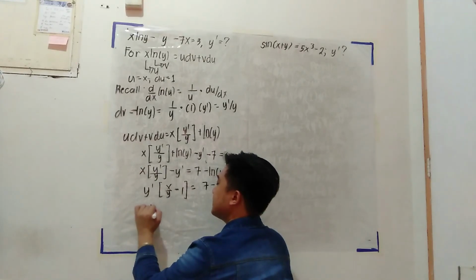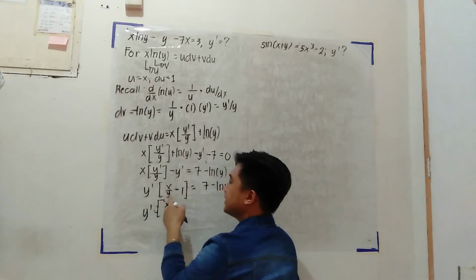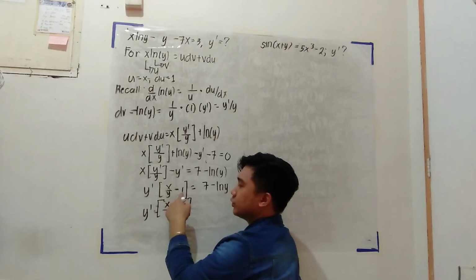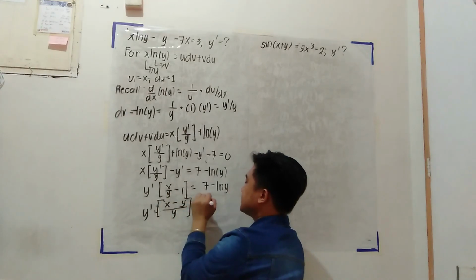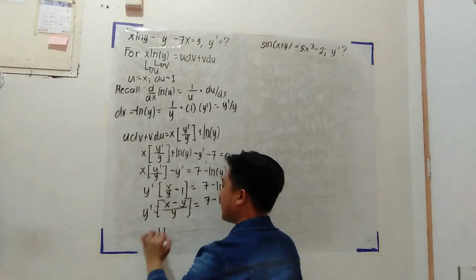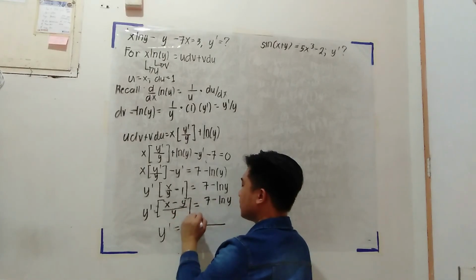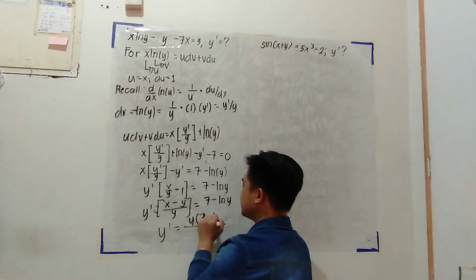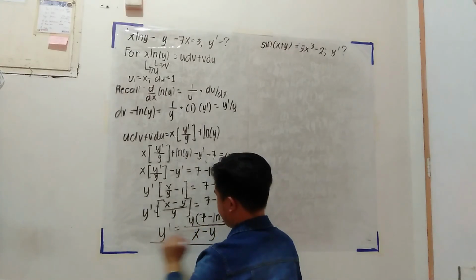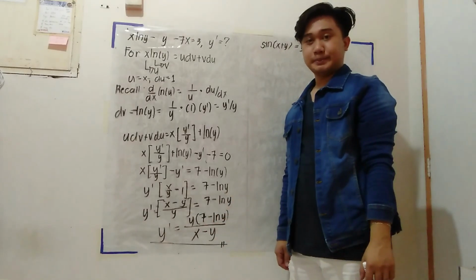So, y prime quantity x minus y all over y equals 7 minus ln of y. Kung isi-simplify ko 'to, y prime is equal to, times ko doon si y, 7 minus ln of y all over x minus y. So, that's already my y prime.